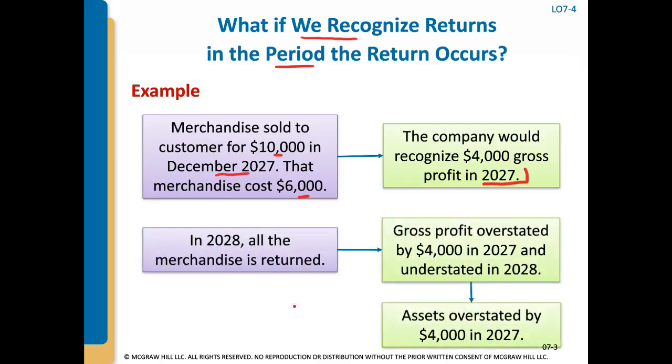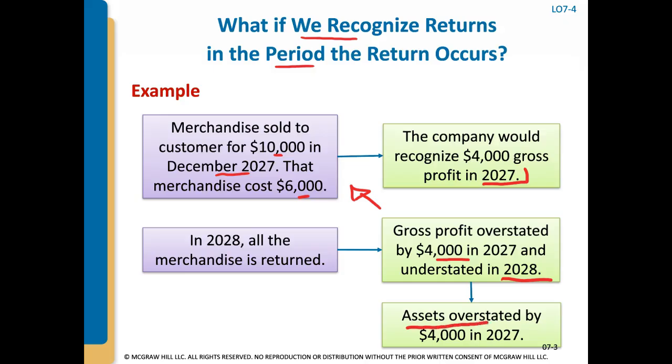Now, let's just say in 2028, the following year, all of that merchandise is returned. What happens if I didn't account for any of these returns in 2027? Then my 2027 gross profit is overstated because I recorded the full $4,000 in 2027, and my gross profit is therefore understated in 2028.